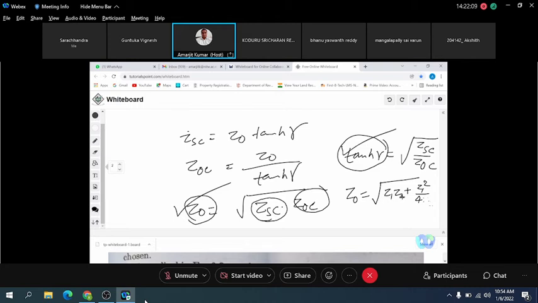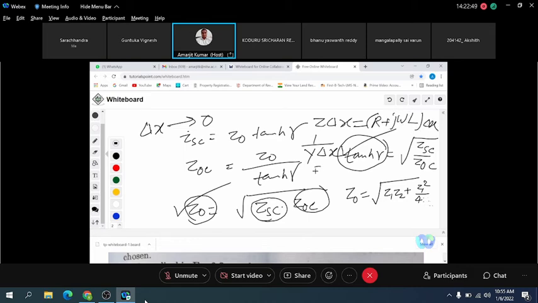So Z1 is Z delta x and Z2 is 1 upon Y delta x, with delta x tending to 0. Basically Z1 is equal to R plus j omega L into delta x, and Z2 is equal to 1 divided by G plus j omega C into delta x.